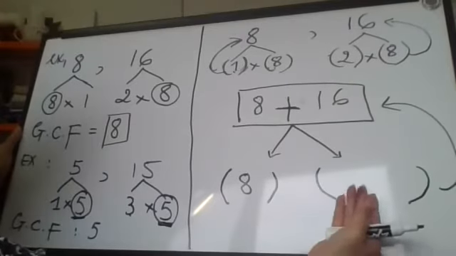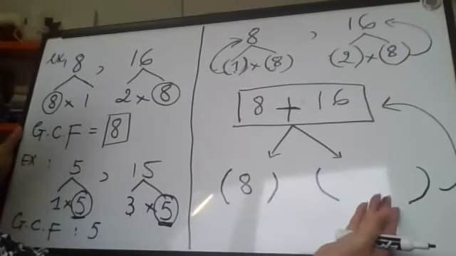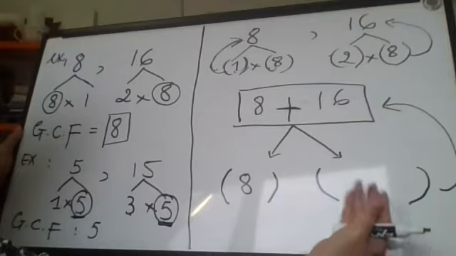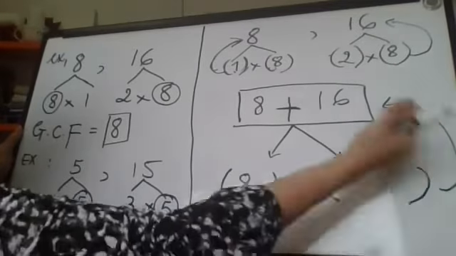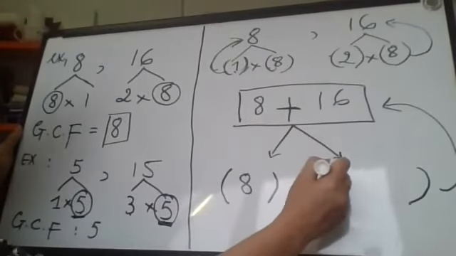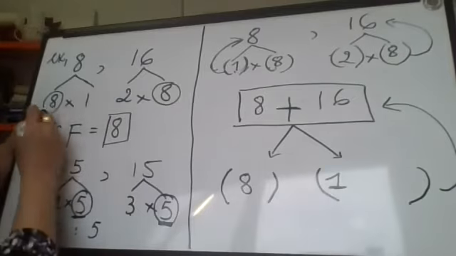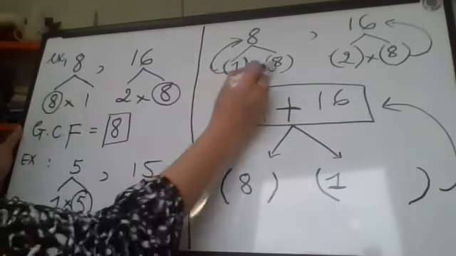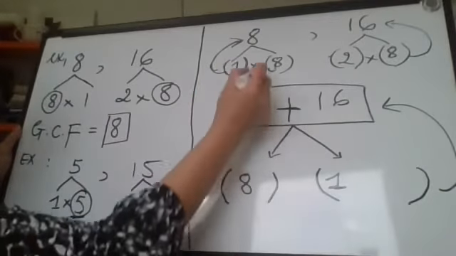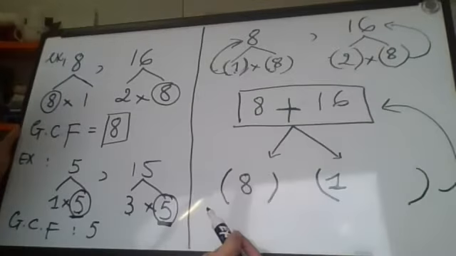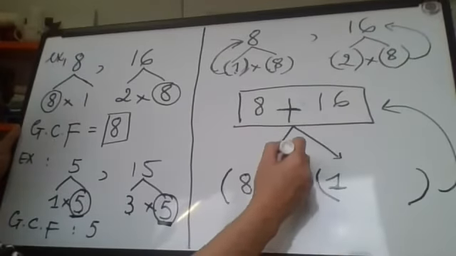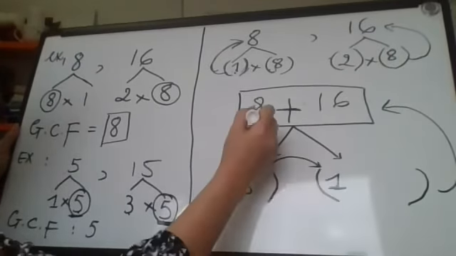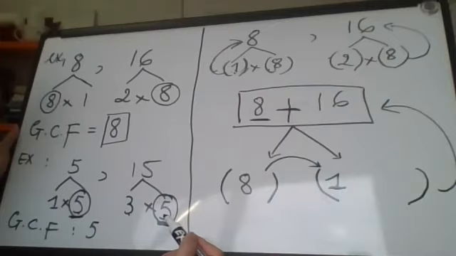What number am I supposed to put in the second bracket so that when I distribute, I get back the same? The first number, of course, is 1, because 8 times 1 is 8. So the leftover will be number 1 in here. When I multiply back 8 times 1, I get back exactly number 8.